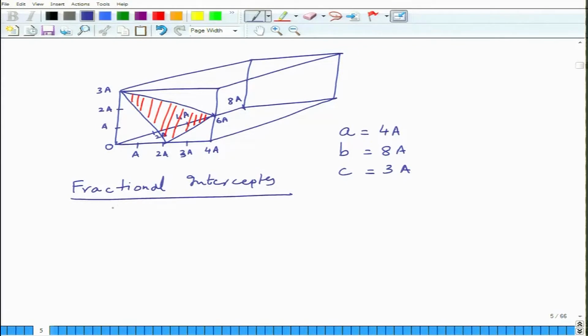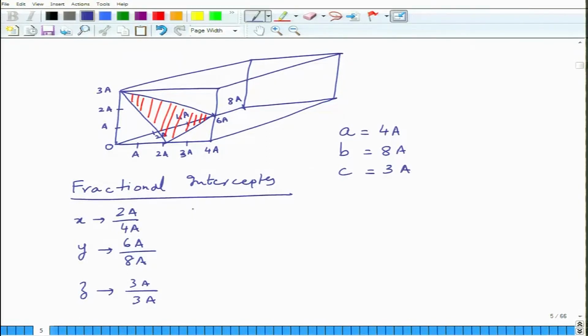So the fractional intercept along x is 2a by 4a, along y it is 6a divided by 8a, and along z it is 3a divided by 3a.